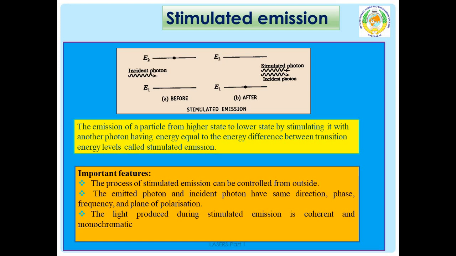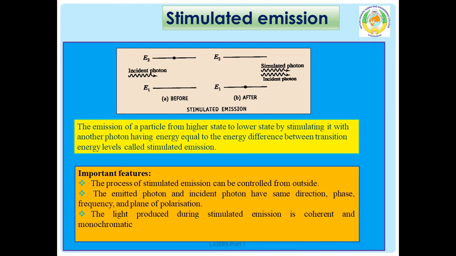So you can see in the figure, the atom is in the excited state. There is a photon incident on it as shown in figure A, and after absorbing, the atom comes down to the ground state emitting two photons as in figure B. Now here we have to look into certain important features. What are they? The first one is that the process of stimulated emission can be controlled from outside, whereas spontaneous emission is very difficult to control.